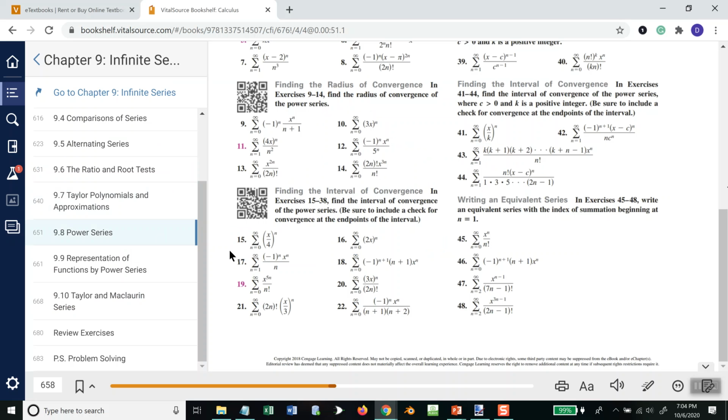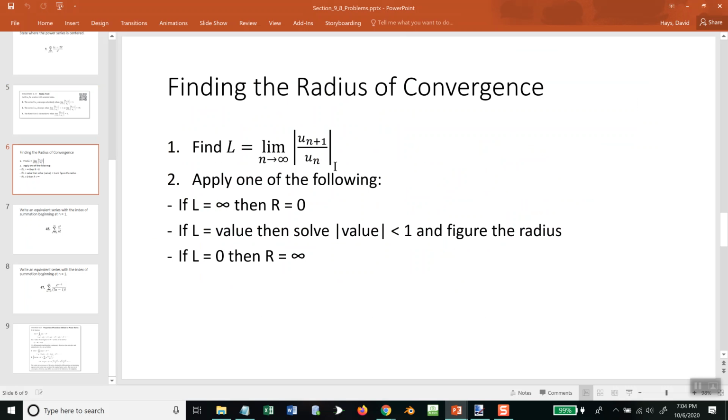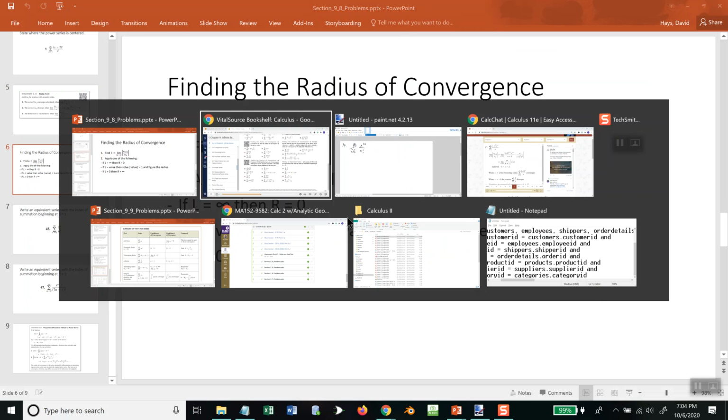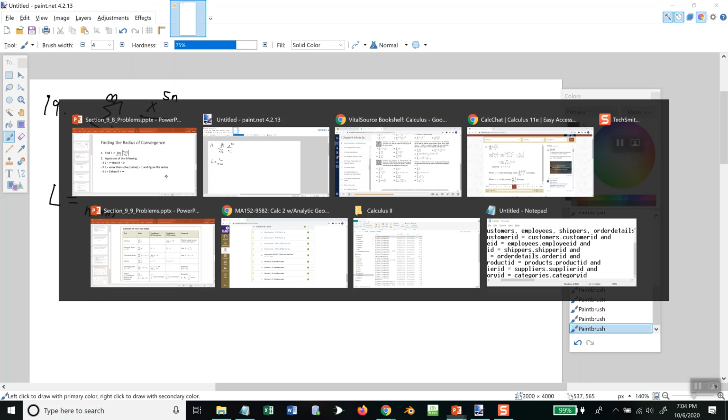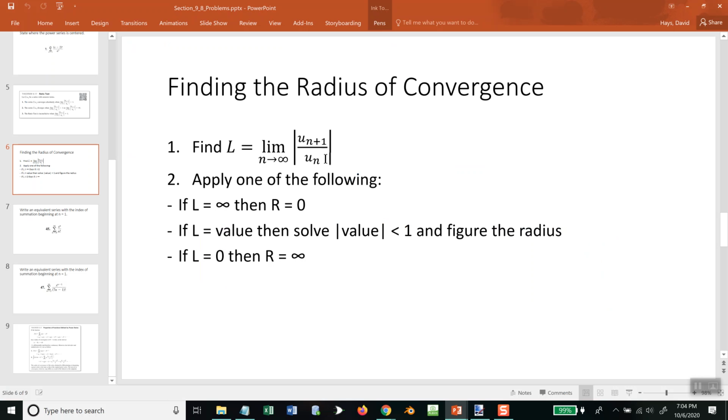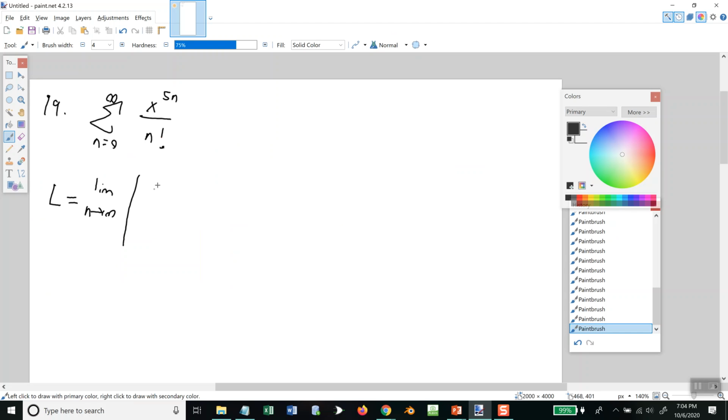So we're going to do this. We've got our limit as n goes to infinity. Then we plug in n plus 1. So we've got x to the 5 times n plus 1 over n plus 1 factorial, all over x to the 5n over n factorial.